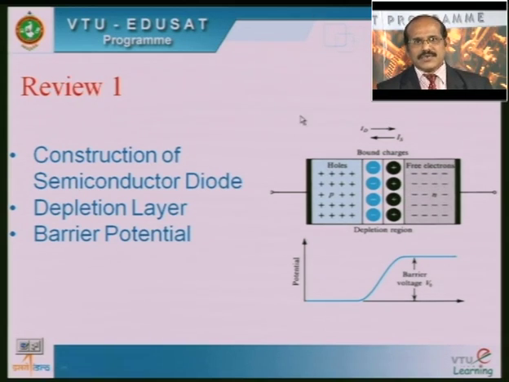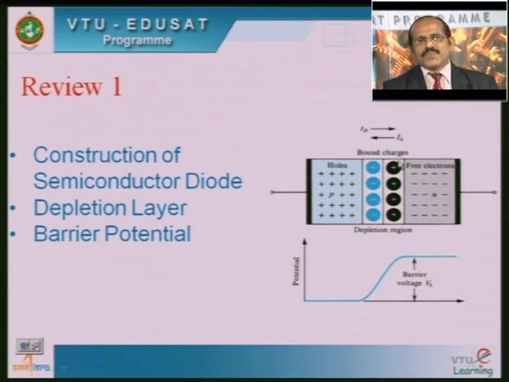As you can see here, we have a P region having holes as the majority charge carriers, and the minority charge carriers will be the electrons. Similarly, you can see the N region consisting of free electrons as the majority carriers, and in between there is a region that consists of fixed, that is immobile, ions.